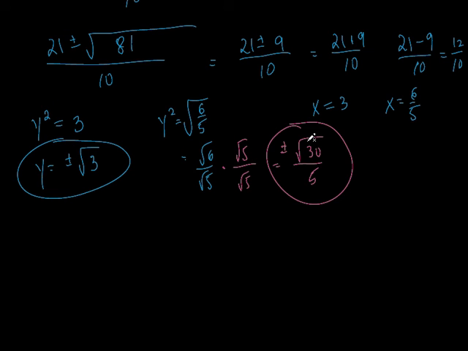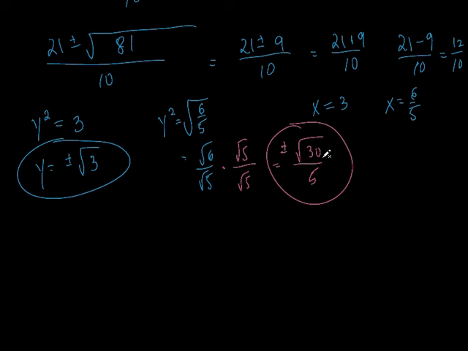And is that how they wrote it? No. They wrote the square root of 6 over 5. What did I do? Because square root of 30, 6 times 5, 2, 3, 5, that doesn't simplify, does it? So why did they write square root of 6 over 5?